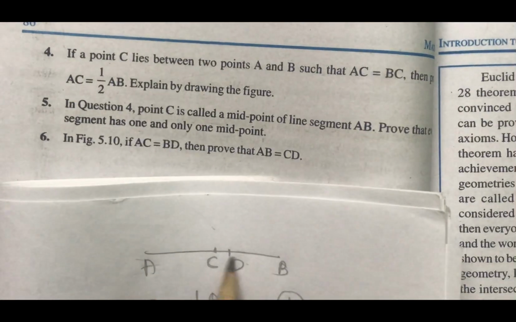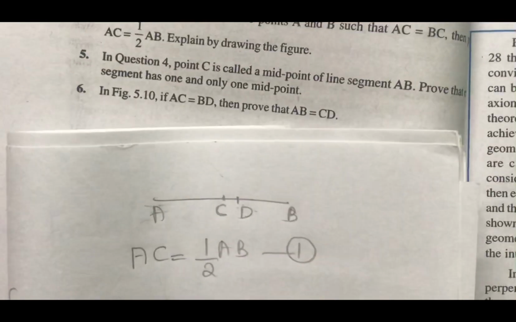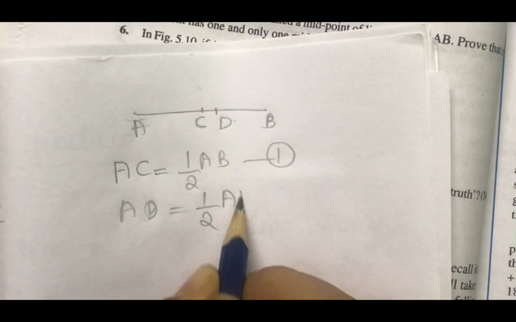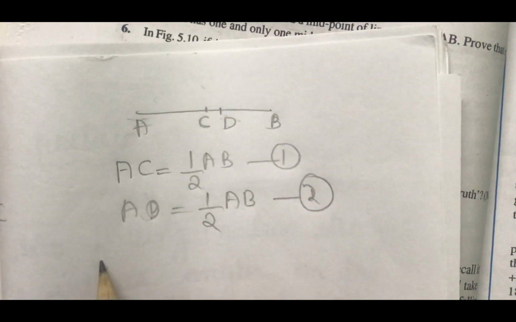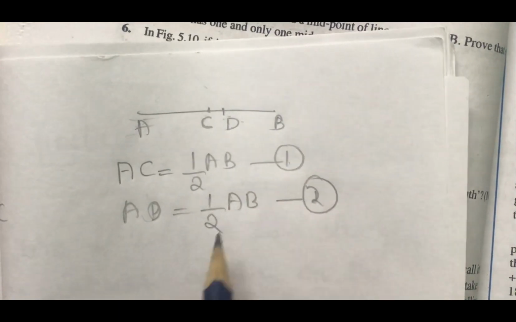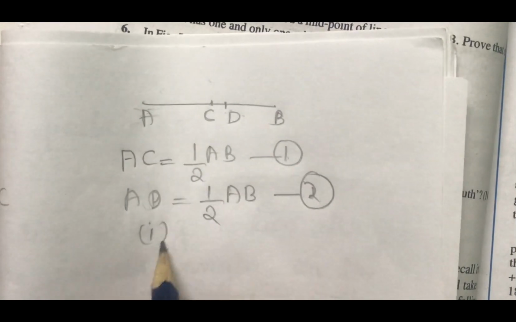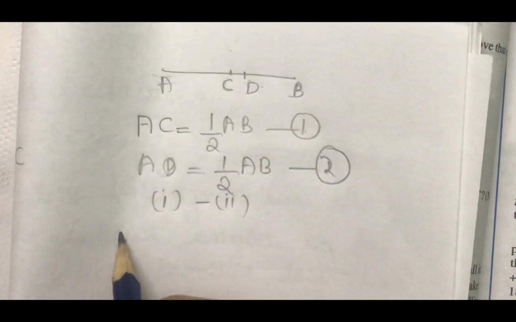So now two midpoints are there. AC is equal to half AB, first one, and now AD. When D is a midpoint, AD is also equal to half AB, our second one. So now subtracting 1 and 2, that is 1 minus 2, how much will we get?